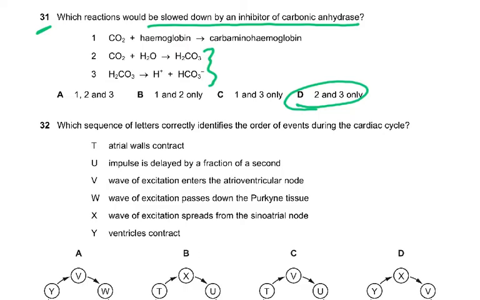If normally 100 H2CO3 was being made and now only 50 is being made, then less will convert into hydrogen ions and bicarbonate ions. Carbonic anhydrase basically catalyzes the formation of H2CO3, but if less H2CO3 is made, less HCO3 and H positive ions would also be made. So that was a little bit of a trick question.